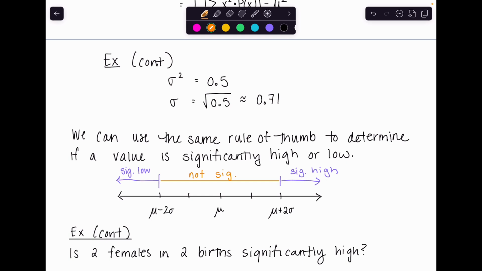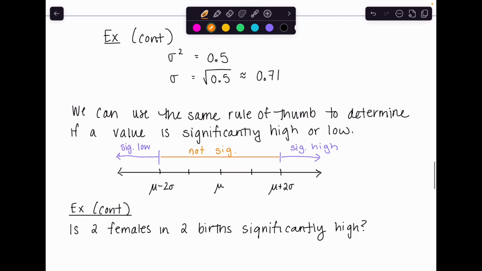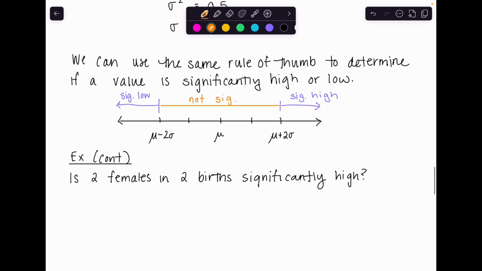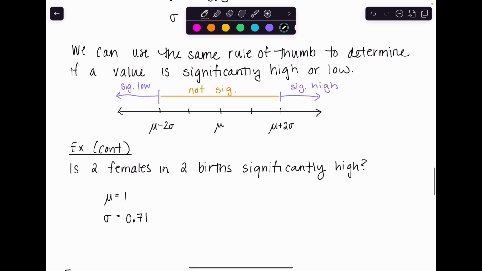Okay? So using that same example of the 2 females and 2 births, we want to see, is having 2 females in 2 births significantly high? So we figured out our mean was 1. That standard deviation is 0.71. So if I want to look at the significantly high numbers, I'm going to go ahead and take that mean and add 2 standard deviations.